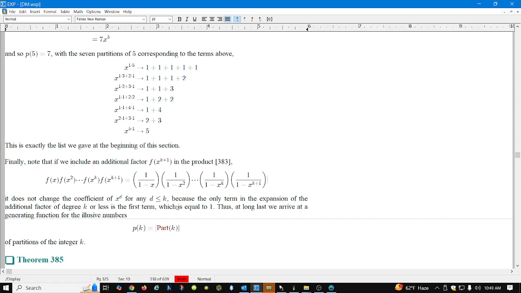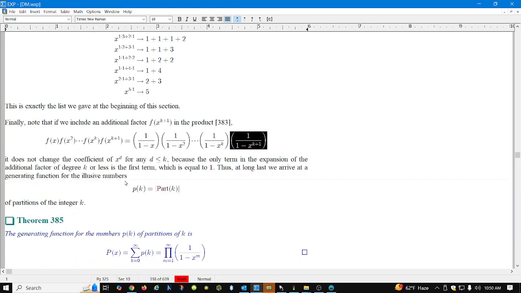No, because including this factor, which is the powers of x to the k plus 1, only the 0th power will be involved in the extraction of the terms of degree k. Only the constant term. So it changes none of the computations that we just did. Which means I may as well include all of them.